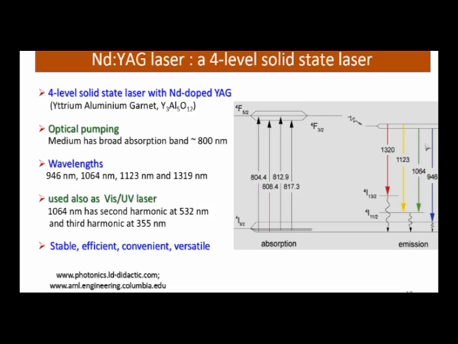Very quickly we populate the upper level and depopulate the lower level. In other words, we have to choose a system where this interaction happens very fast and this decay also happens very fast, and this is relatively slower. Then we have the trick of achieving population inversion between this and this.